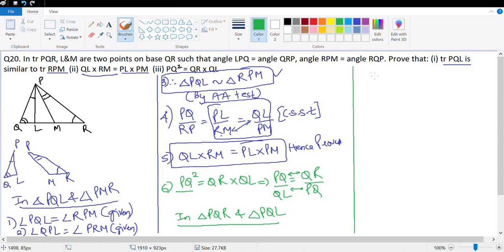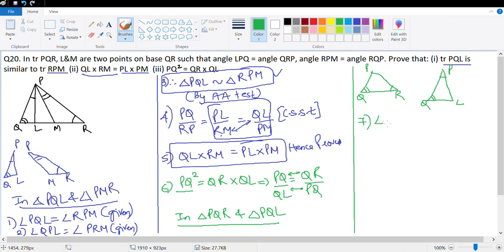So I will draw these two triangles separately so that it's easier for us to look at. So this Q is double line, R is single line, and PQL. This is P, this is Q and this is L. This is double line and this is single line. I think I've already visually got my answer, so it shouldn't be a problem at all.